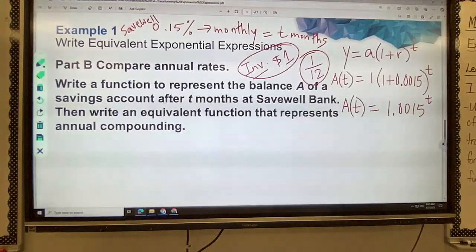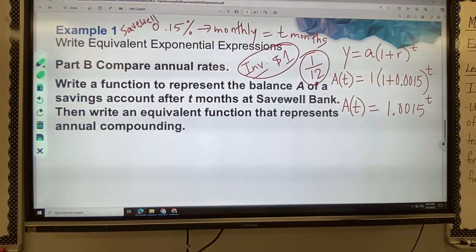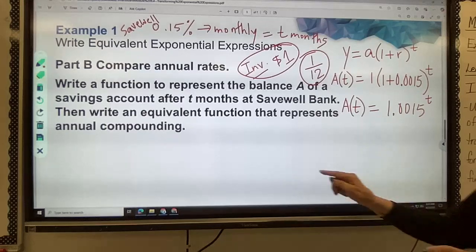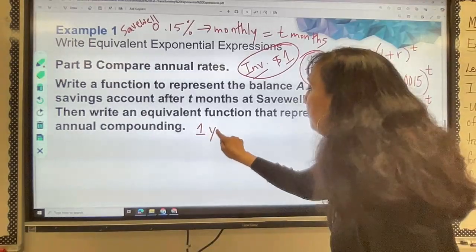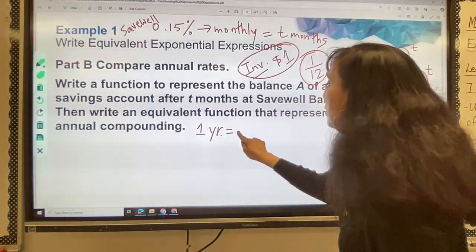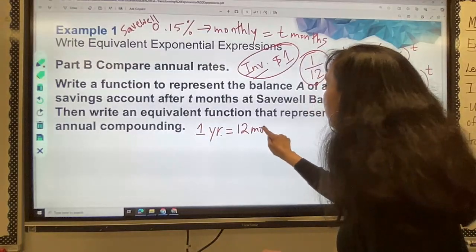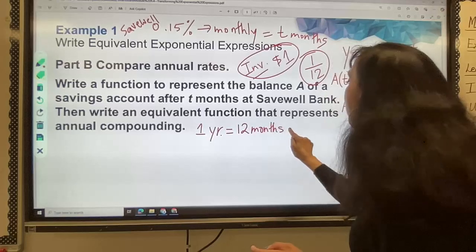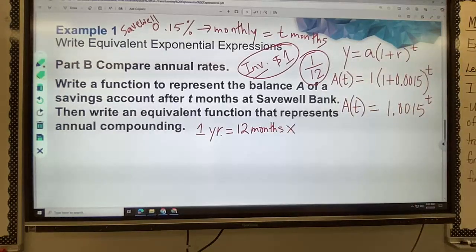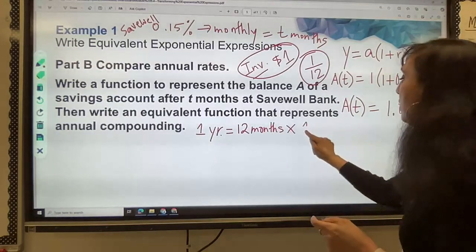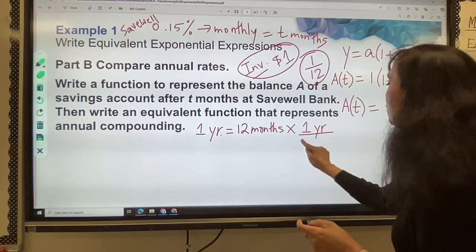Okay, so for that, we are now going to, of course, write the original function, which is already written out over here. And I know that 1 year is equal to 12 months, right? Times, we know that we have 1 year over 12 months.